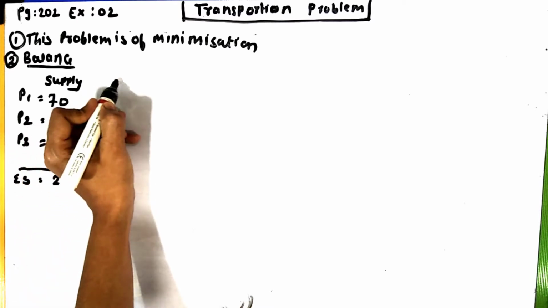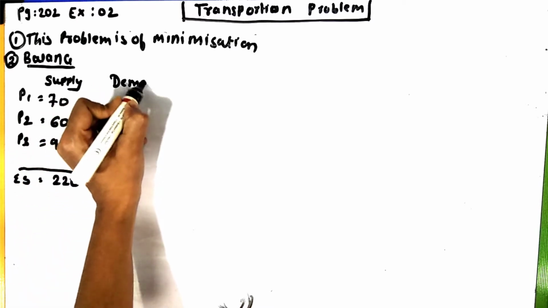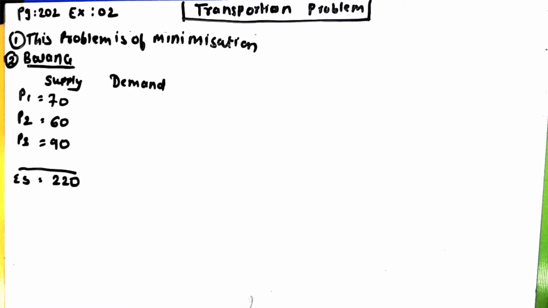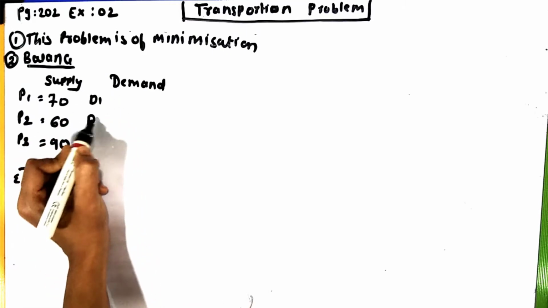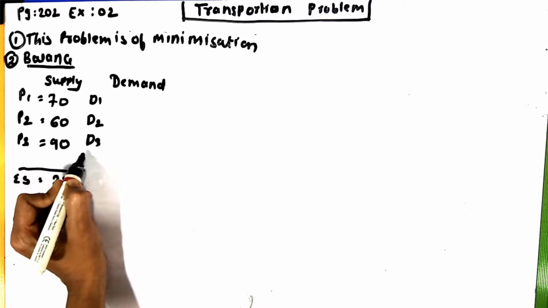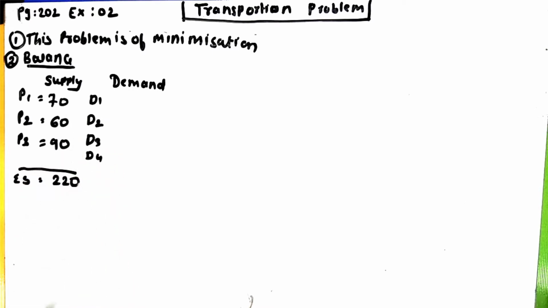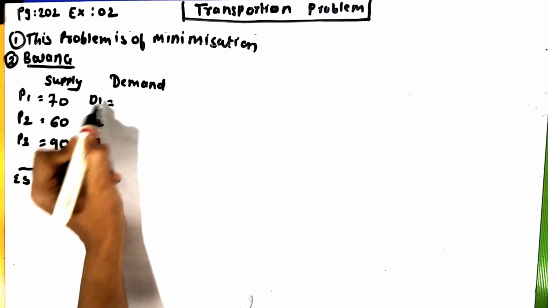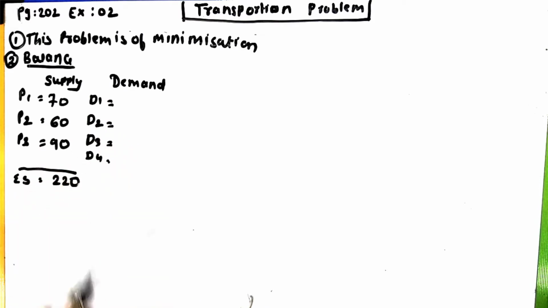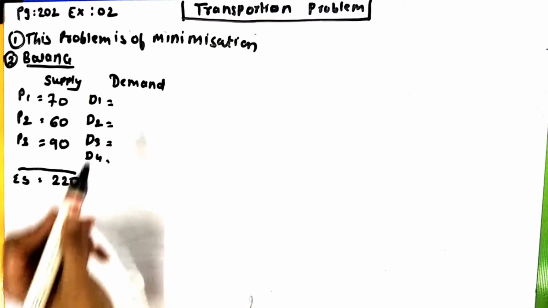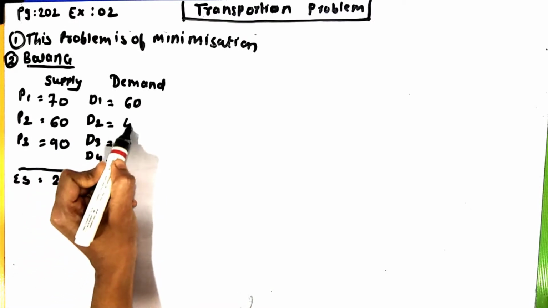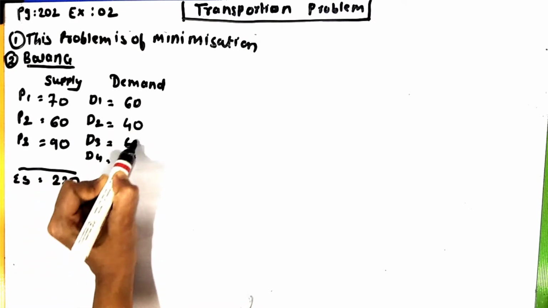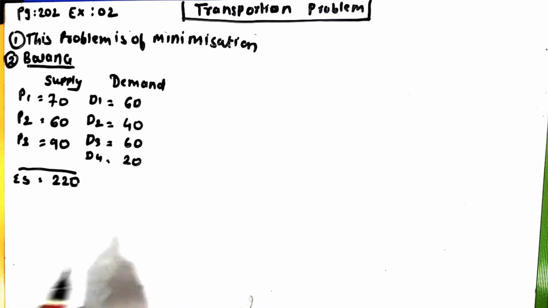Now we have the demand side. In the demand side we have D1, D2, D3 and D4. The demands are 60 for D1, 40, then again 60 and 20.